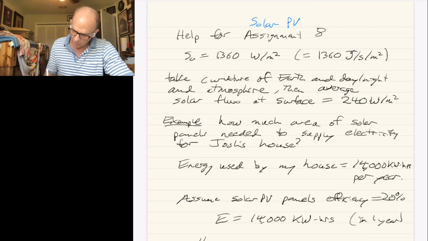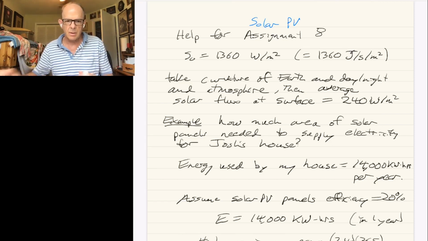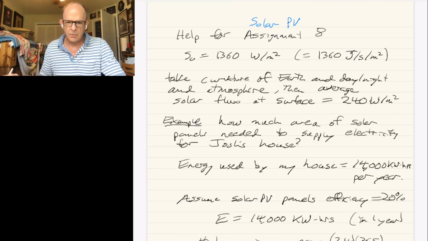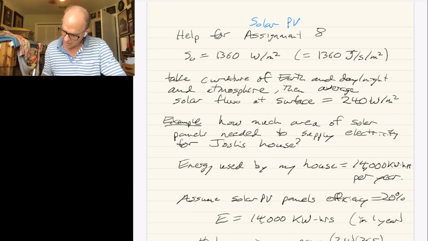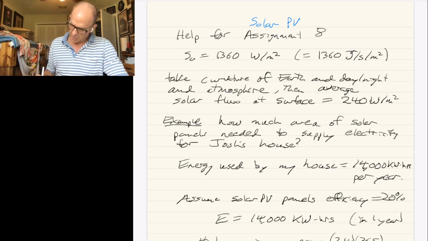So the number of hours in a year is 24 times 365, and that number is 8,760 hours. So that's a time. That's the time in a year.